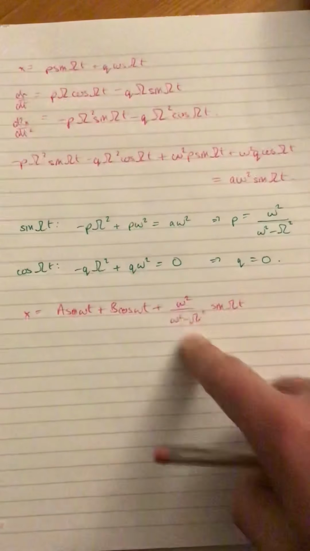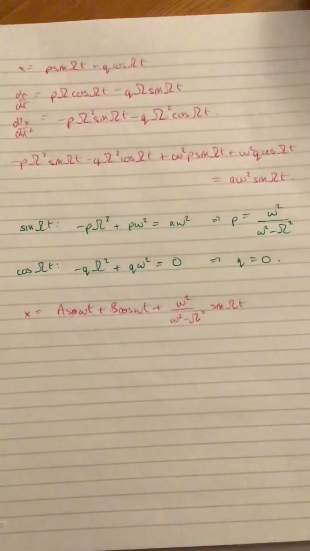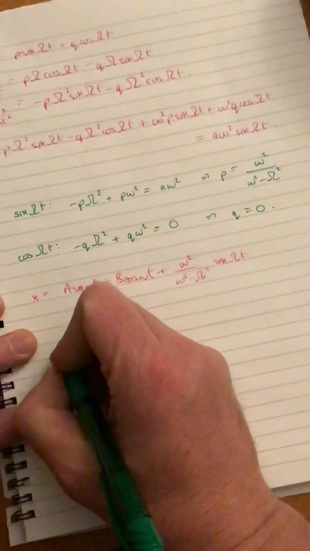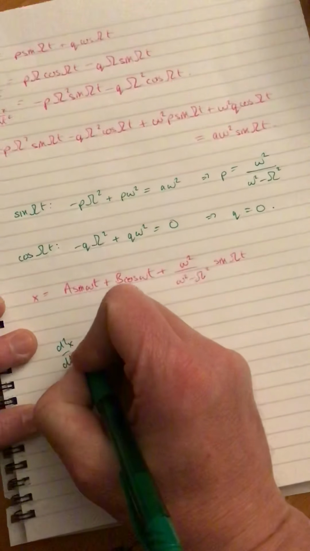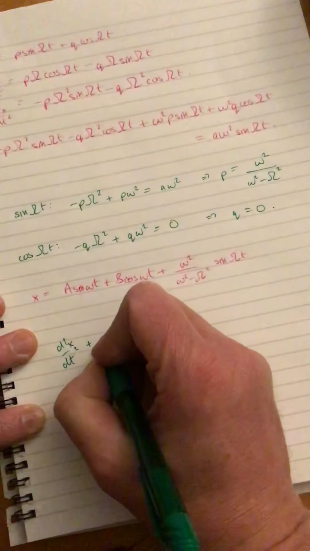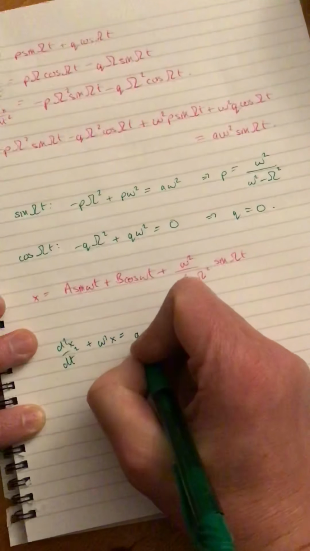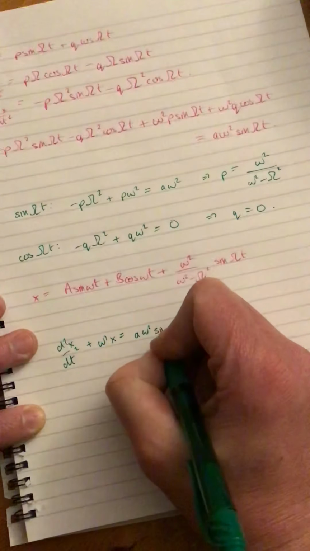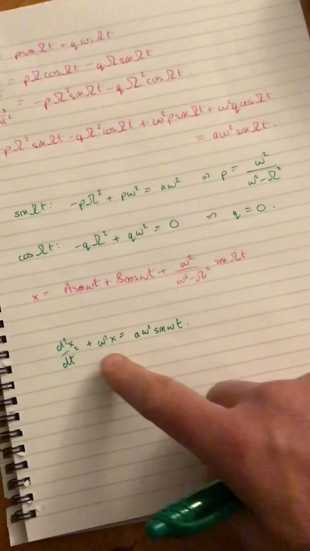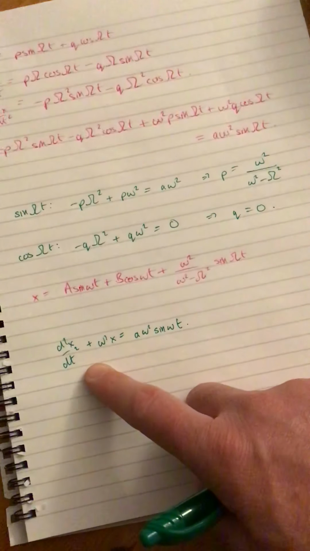Now, in this here, you're not allowed to have Ω equal ω, are you? Because that doesn't work. And we sort of know that anyway, because the actual differential equation that you'd solve in that case would be this. It would have been d²x per dt² plus ω²x is equal to aω² sine ωt. Now, the point is here that your complementary function is a sine ωt plus b cos ωt.